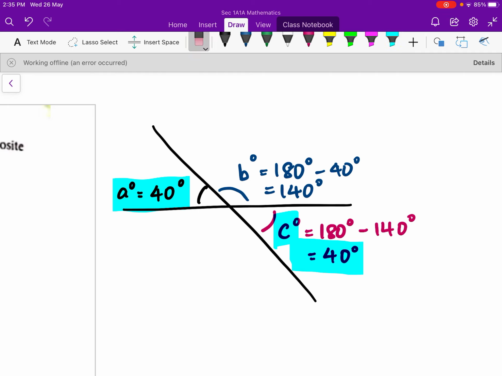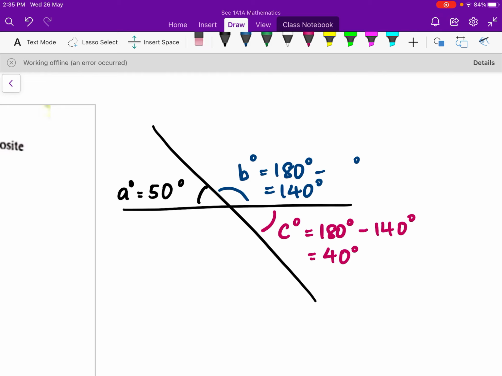So no matter how I change the value of angle A, it will result in a change in our angle C. So for example, if I were to change this 40 degrees to become 50 degrees, then my angle B will also change.